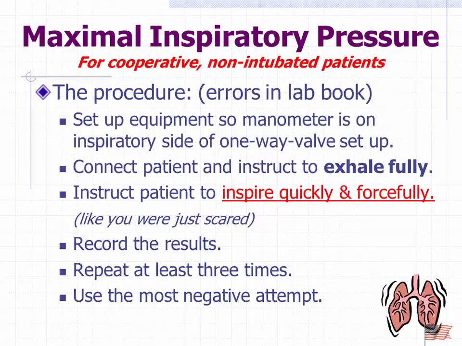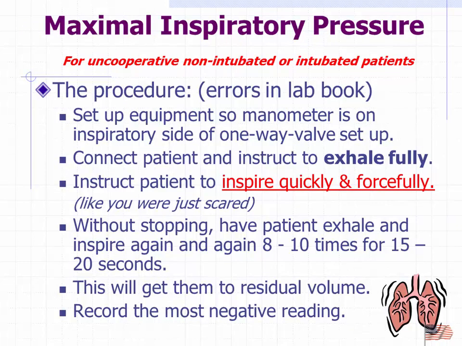So it's exhale fully. Try to take a breath in. We can actually do it on a non-cooperative patient, because if you attach it and they can't follow directions, they're still going to try to take a breath in.